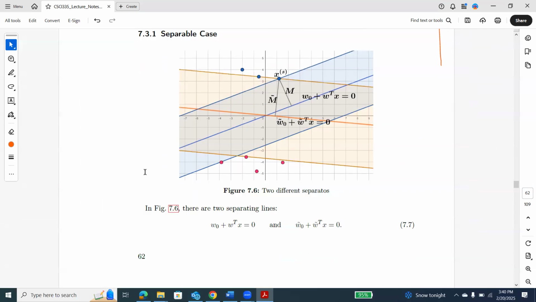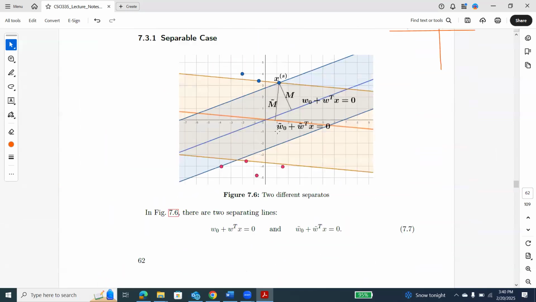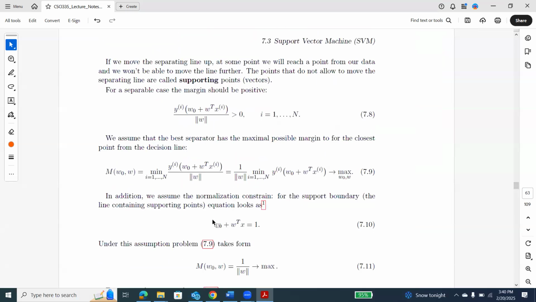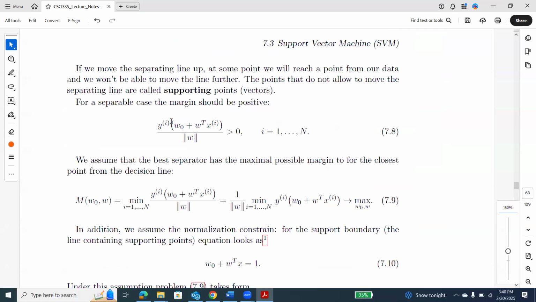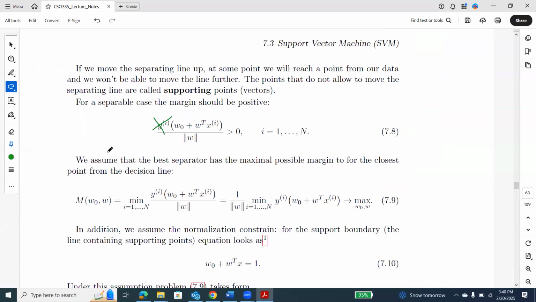So let's formulate this mathematically. The distance from a point to the decision line is given by this formula. Without y, this is just the distance.